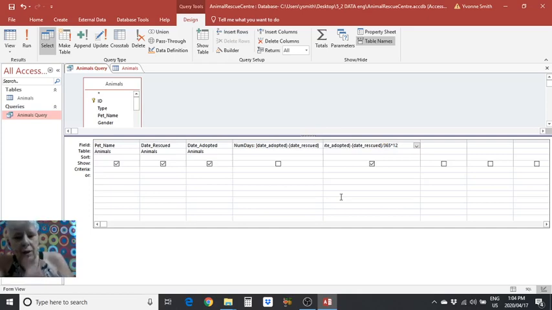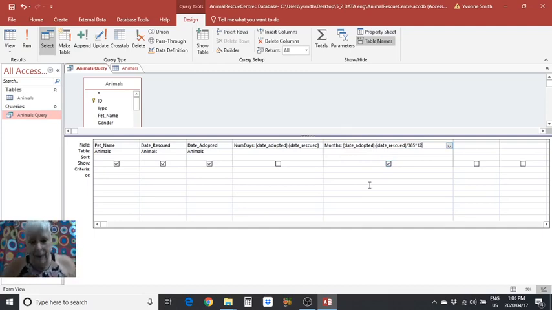It would ignore the date adopted cell, and it would say date rescued divided by 365 times 12. So I want the answer of date adopted minus date rescued to be divided by 365 and multiplied by 12. In other words, BODMAS.